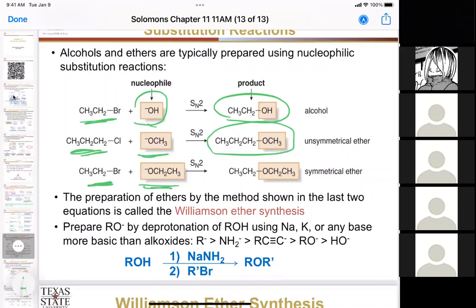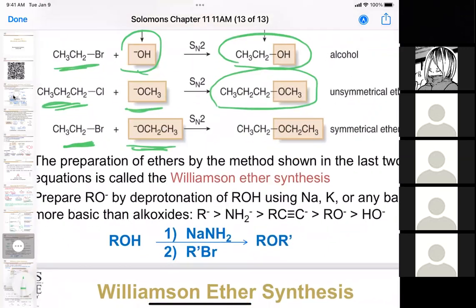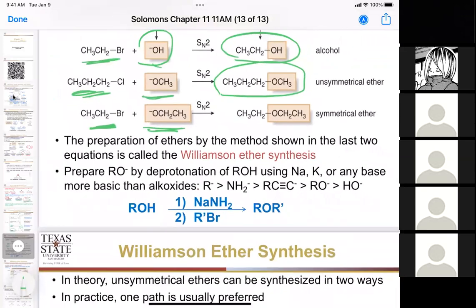But we need to make sure we prepare our alkoxide correctly, because we want to make sure that that is our only nucleophile. The best way to prepare that is to react the alcohol with something like sodium or potassium metal. What's going to happen is it'll do a single electron transfer and end up evolving hydrogen gas, and you'll have pure sodium or potassium alkoxide right there.